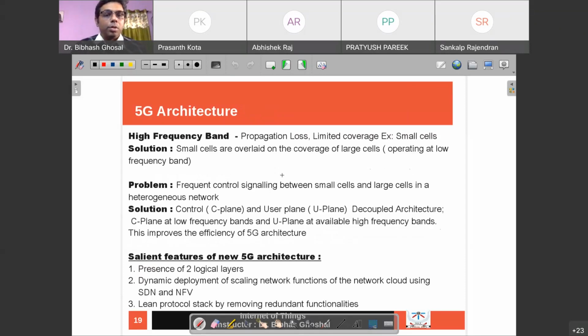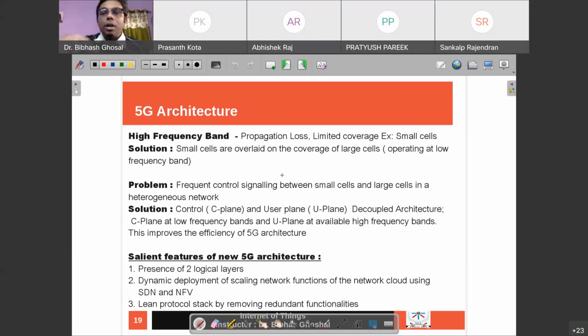Okay, so when you are going for a 5G architecture, the problem is that you want to have minimum propagation loss and limited coverage. So what we usually do is create small cells, because it's a cellular network. You take small cells and put them on a large cell.